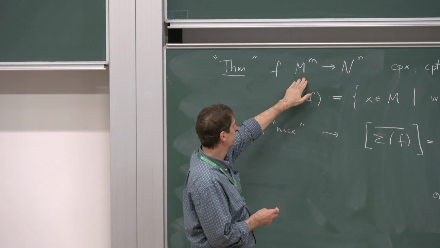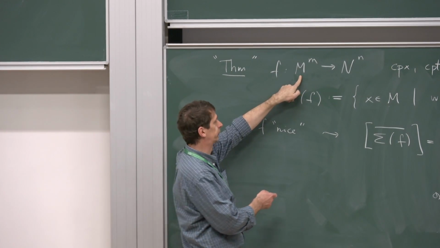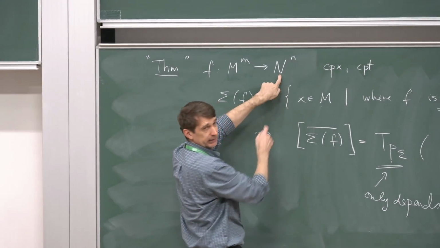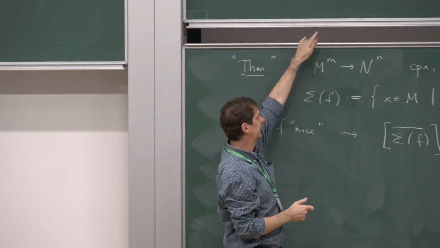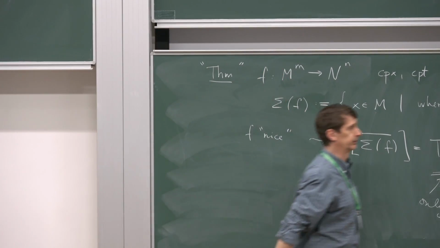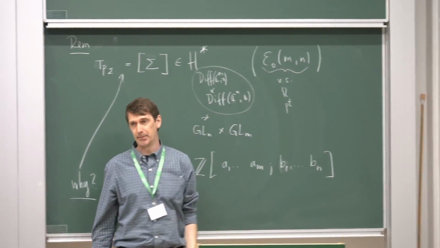So what will that be? If you have a point in M, then consider all the germs from M, that point, to N, its image. And that will be an infinite dimensional vector space, and that's what you put over the point. So that the fiber will be exactly isomorphic to this epsilon 0 Mn.